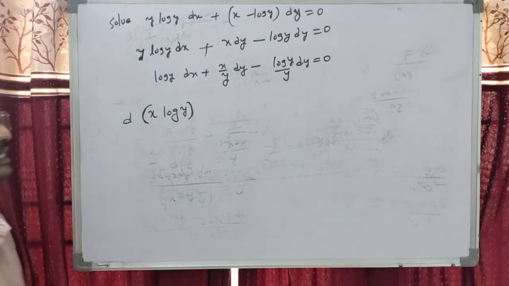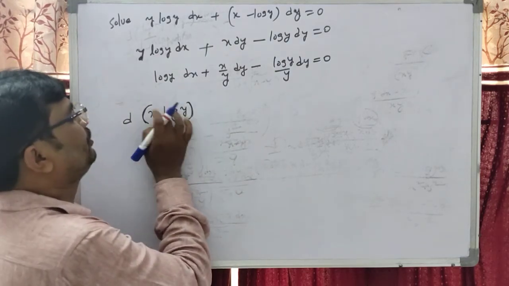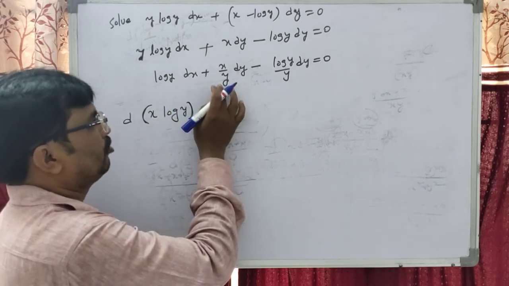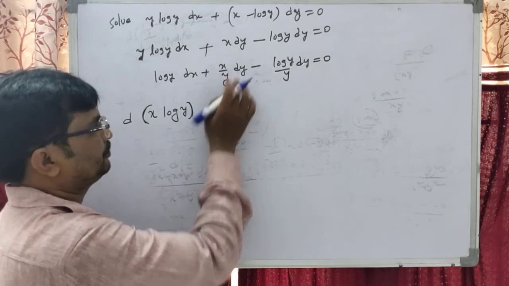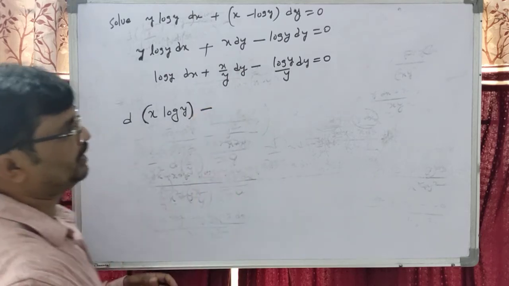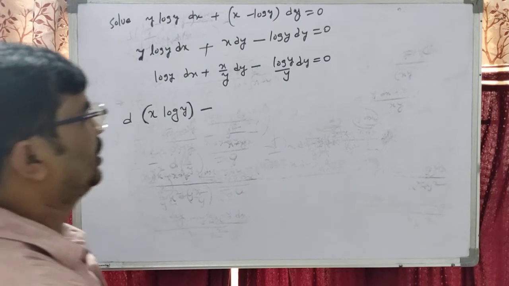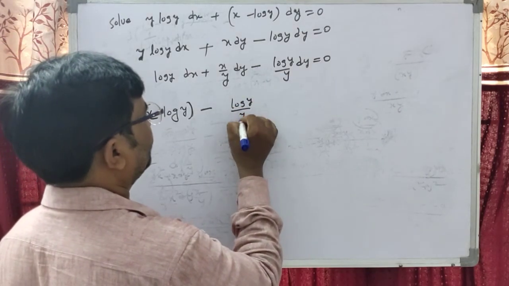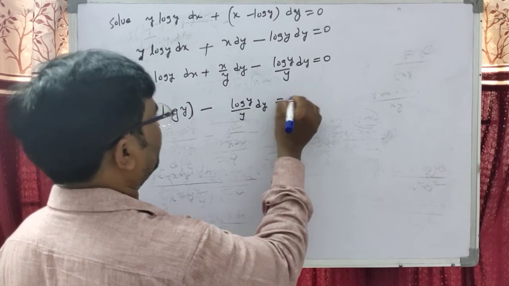Okay students, this is the uv: log y into the derivative of x, dx, and x into the derivative of log y, 1 by y, the derivative is dy. So this can be written as minus of log y by y dy equal to 0.